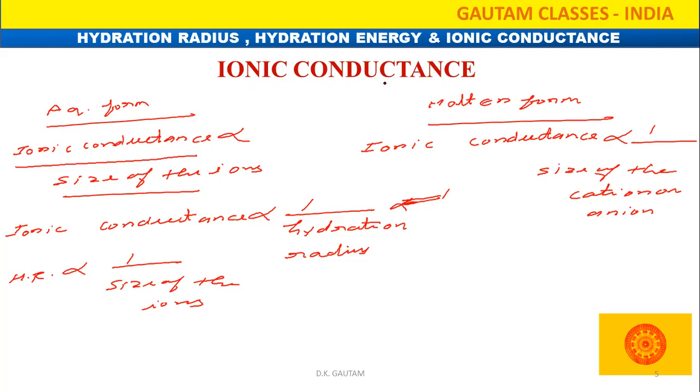Sometimes they ask the ionic conductance, sometimes the equivalent conductance, and sometimes the molar conductance also. For all of them, we write according to what I just told. Suppose this question is given: sodium chloride, potassium chloride, rubidium chloride, cesium chloride.